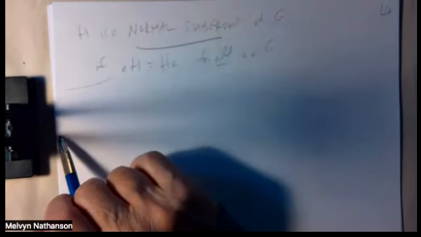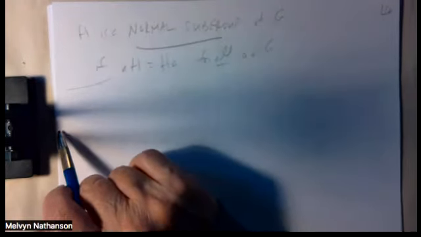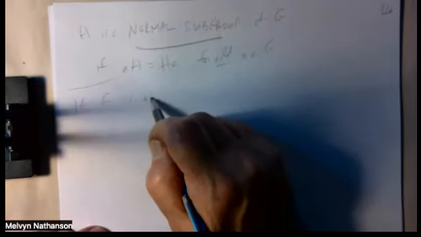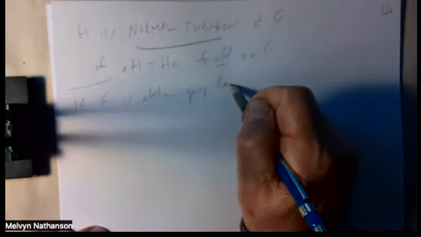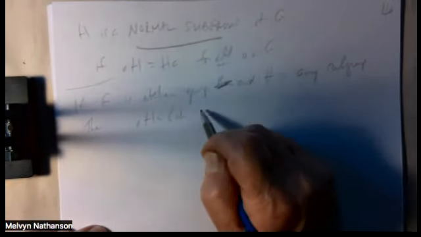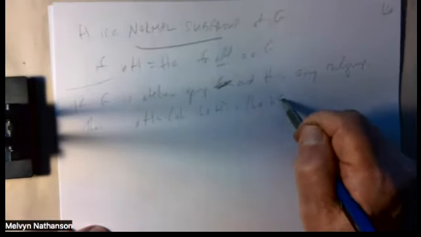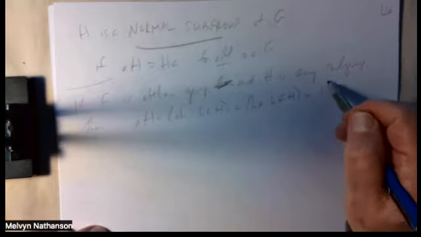And there is one simple case where every subgroup is normal: if G is an abelian group and H is any subgroup, then the left coset is everything of the form ah for h in H. But the group is abelian, so ah is the same as ha, which is exactly the right coset.